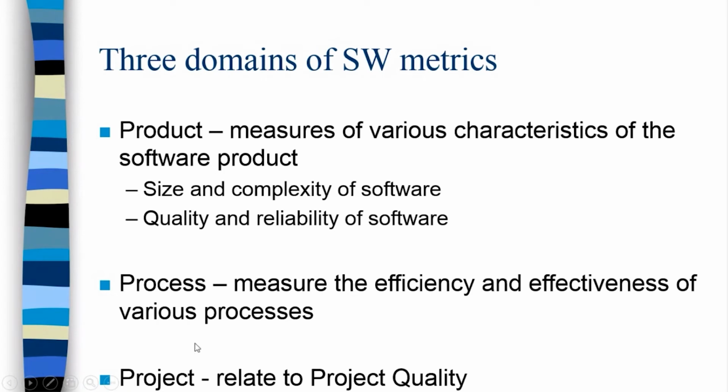After that, the project. These are the metrics that are related with project quality. They are basically used to manage the software project tactics. They are used to quantify the defects, cost, schedule, productivity, estimation of various project resources and deliverables.